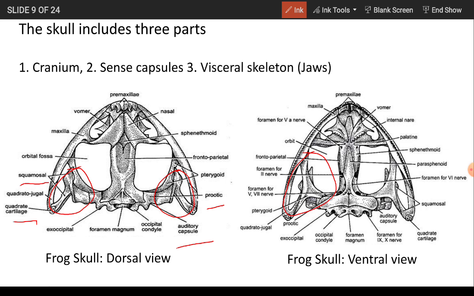Here you can see that this is also touching the margins of the orbit. This is the orbit which is touched by one end of the squamosal bone.